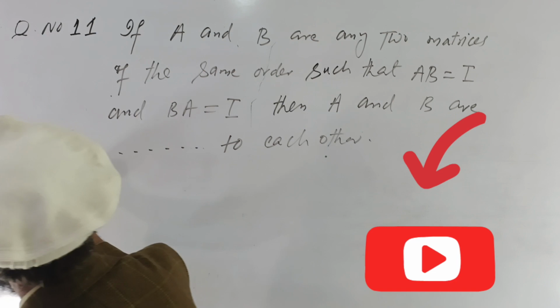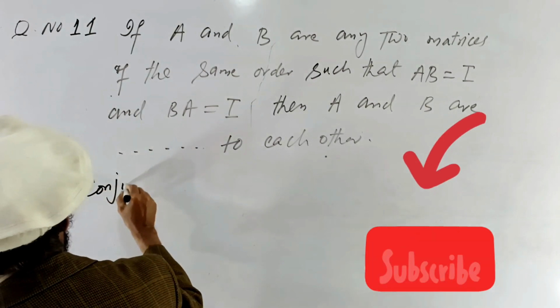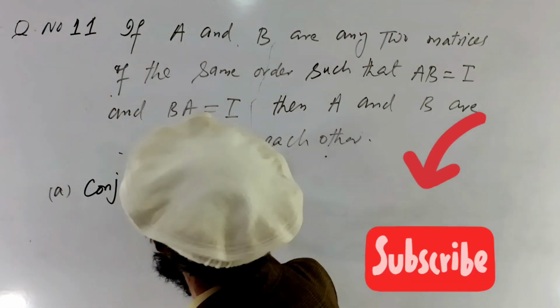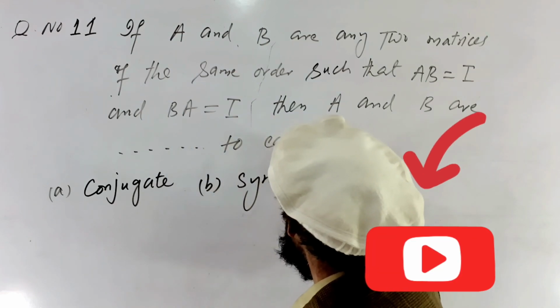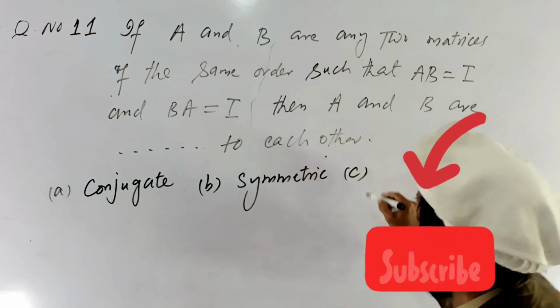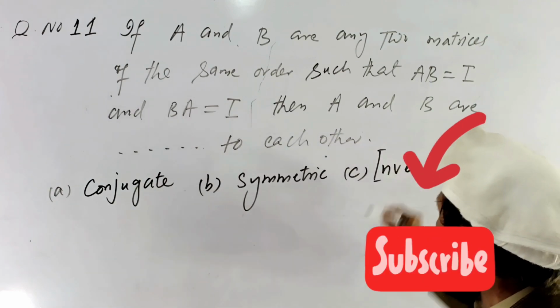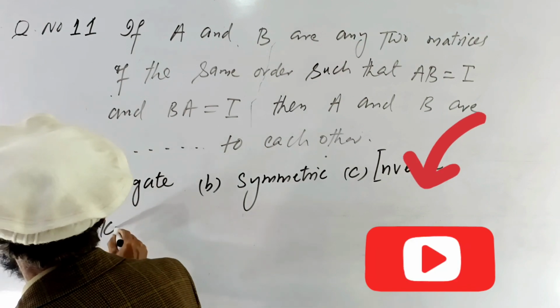Option A: equal to each other. Option B: symmetric to each other. Option C: inverse to each other. Option D: skew symmetric.